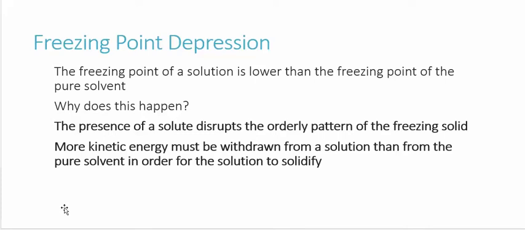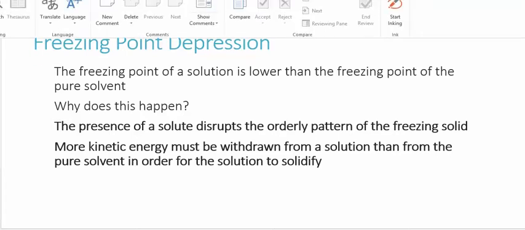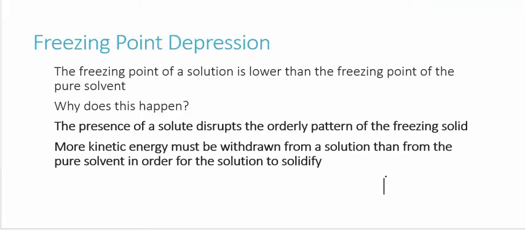Freezing point depression is the second colligative property. The freezing point of a solution is lower than that of the pure solvent. And the reason this happens is if I add a solute, again we'll use sodium chloride, dissolved in water, well, the sodium disrupts the orderly freezing pattern of the water.